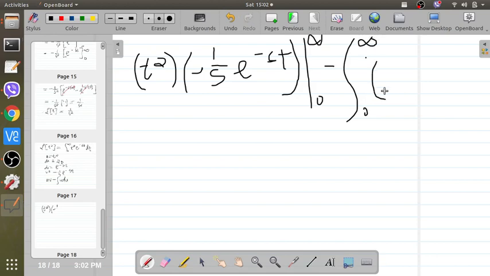So v is negative 1 over s e raised to the power of negative st times du. du is 2t.